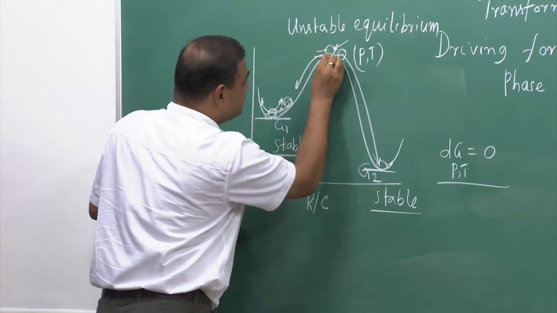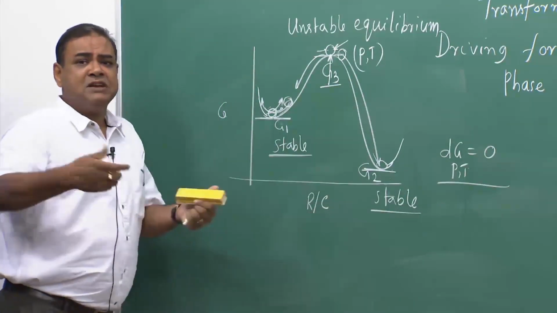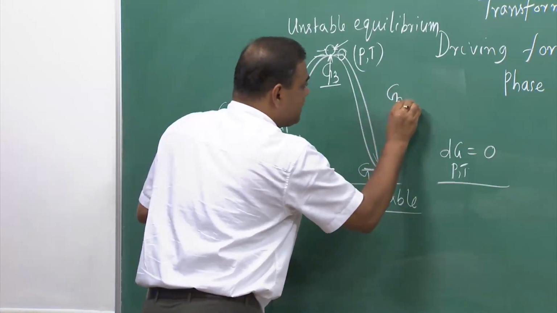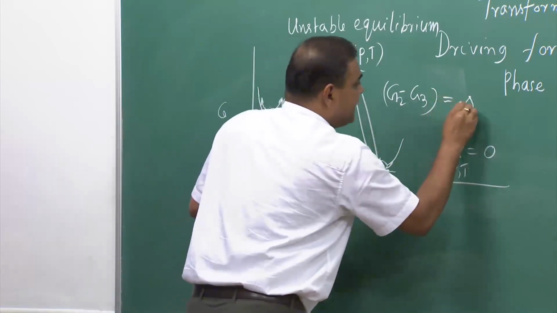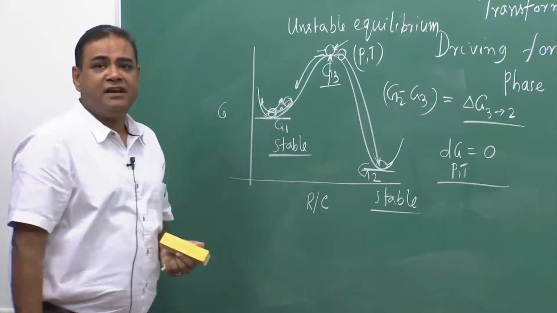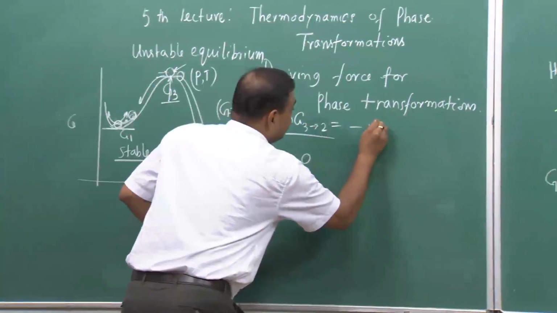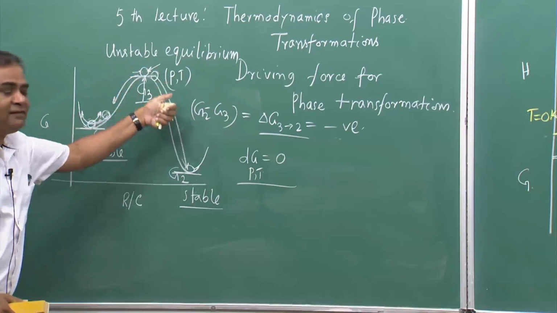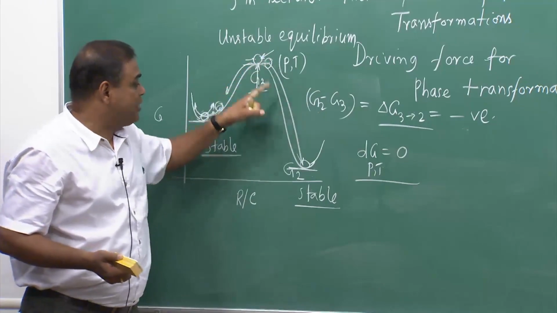Once we have a little dislodge from this particular point, we see that from G3 to G2, it can immediately go. So, if I try to see the difference, G2 minus G3, that means final minus initial, would be delta G, we can say 3 to 2, and this has a negative value, because this has a lower value than this. Whenever this is negative, the system goes spontaneously from this point to this point.